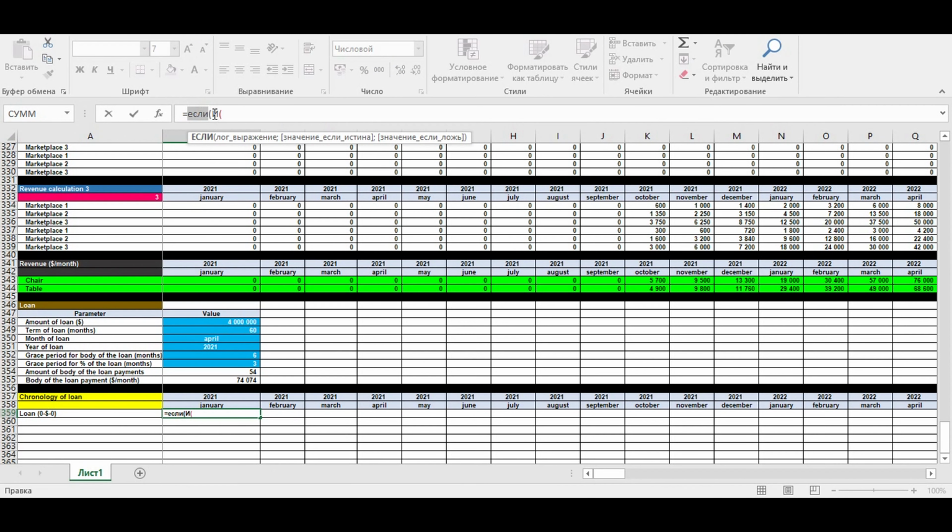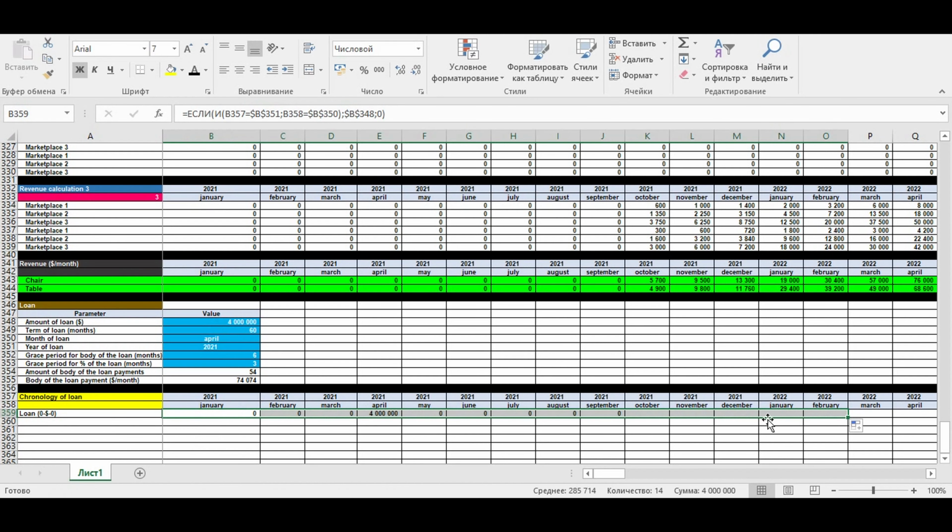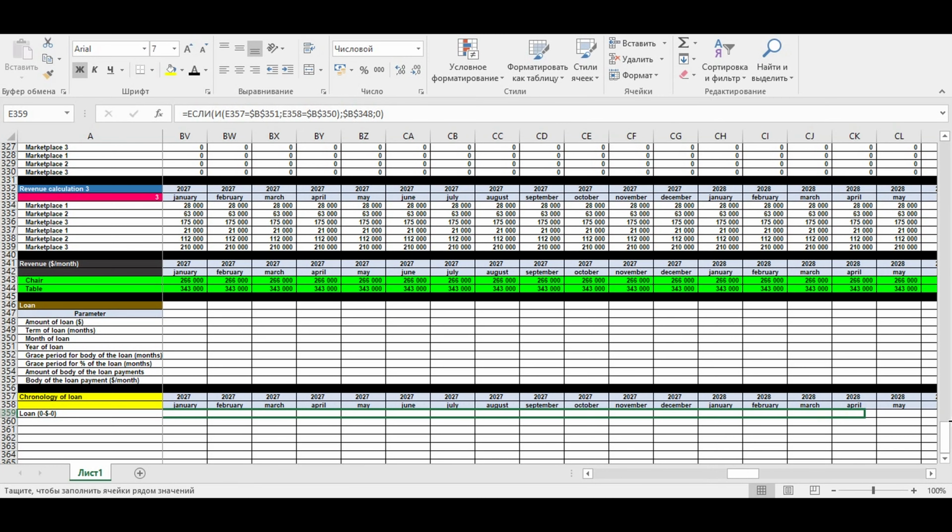This is IF, this is AND. Here we see our loan when we take it from the bank.